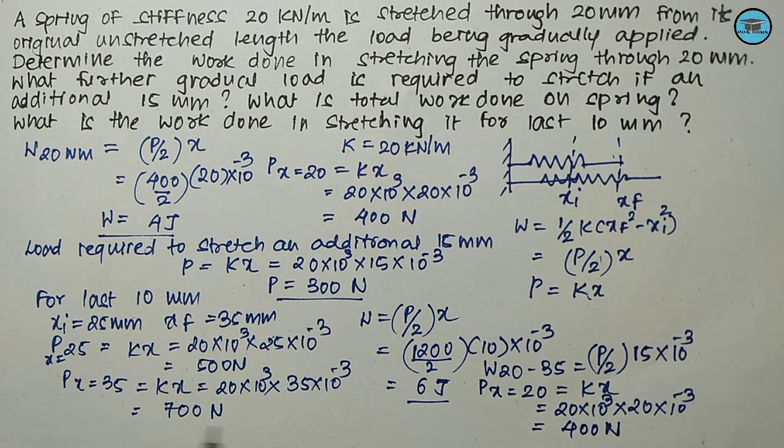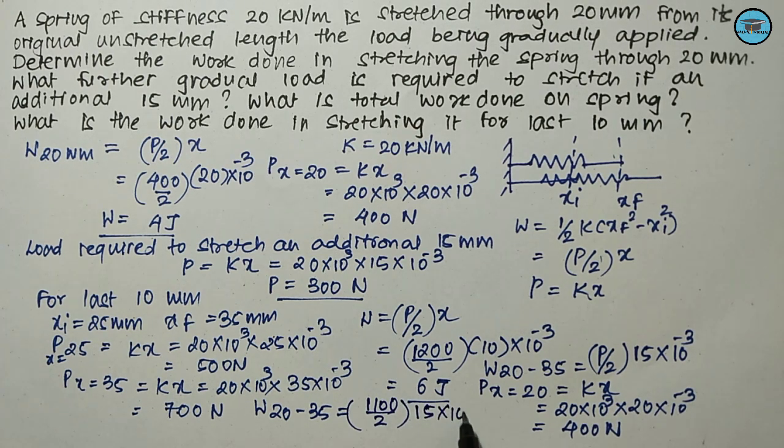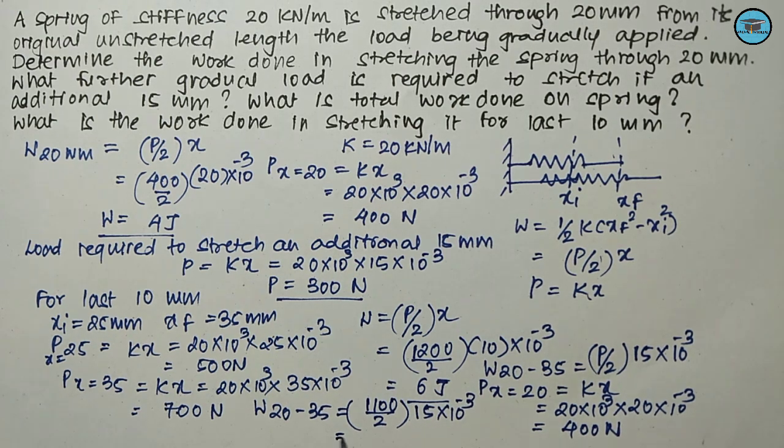So by placing the values, we get the work done for stretching the spring from 20 to 35 mm as 400 plus 700, that is 1100, divided by 2 into 15 into 10 raised to minus 3. So the value of W from 20 to 35 comes out to be 8.25 joule.